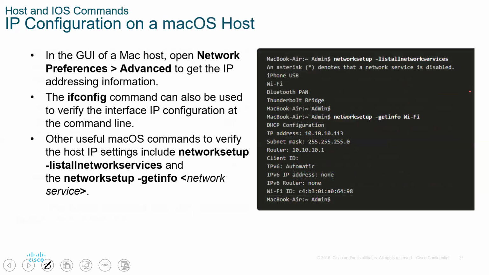On the Mac GUI, all you need to do is open the network preferences, and then click Advanced in order to get the IP address information. The ifconfig command can also be used to verify the interface IP configuration at the command line.